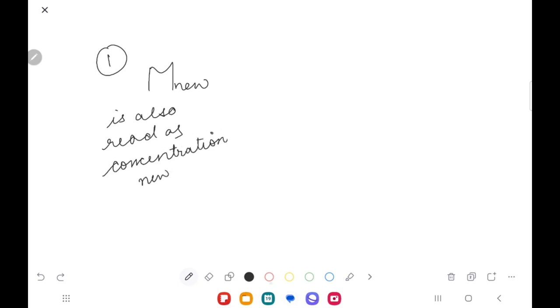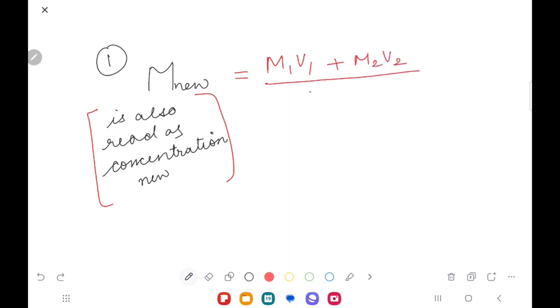Are you understanding? So that is going to be M1V1 plus M2V2 over V1 plus V2. Alright.